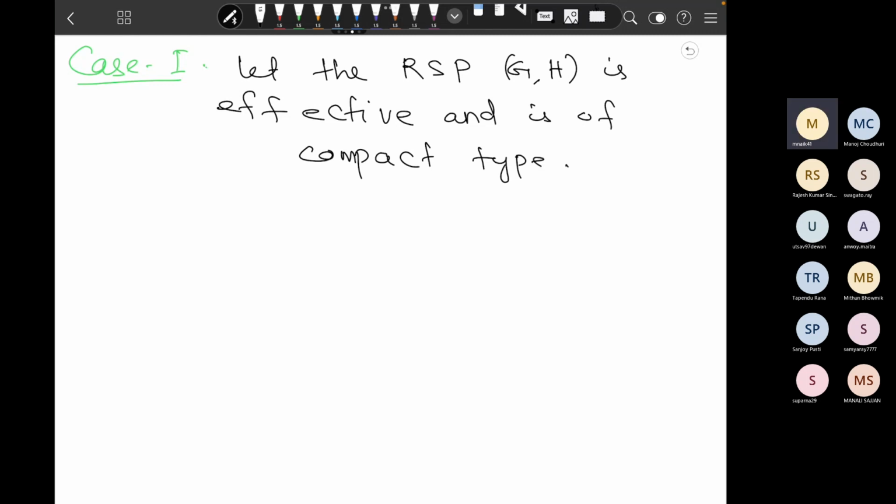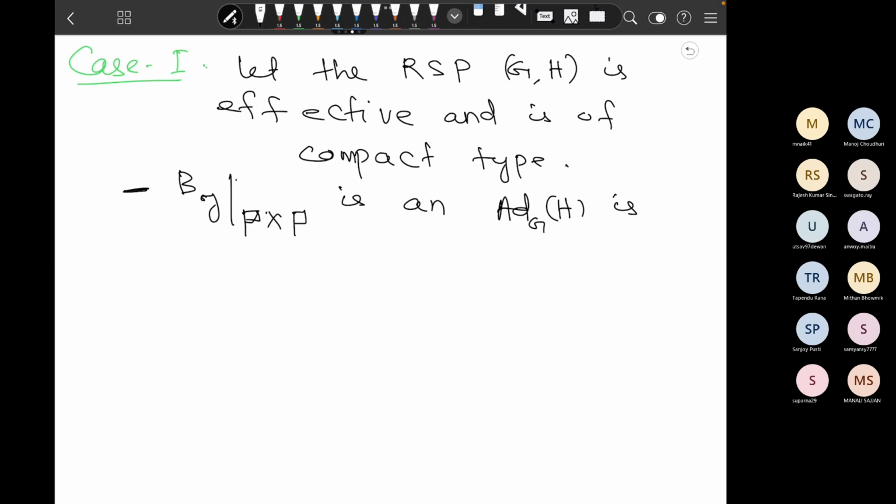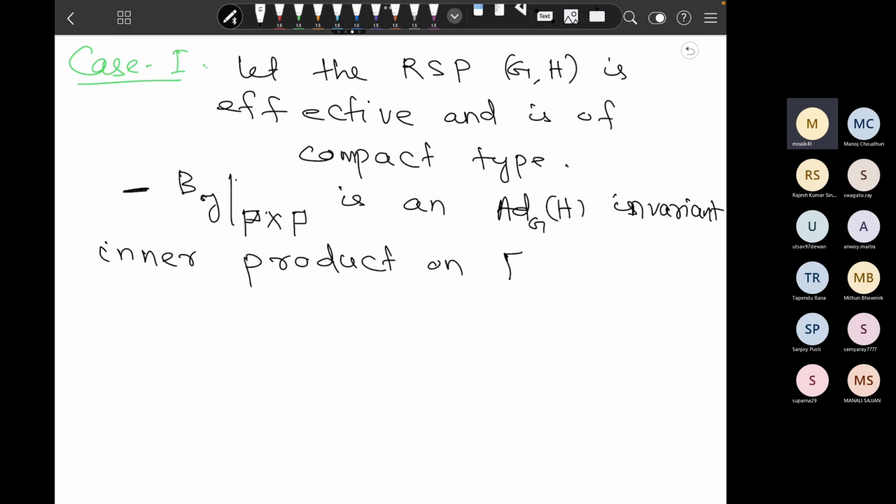Then that means this B_G restricted to 𝔭 × 𝔭 is really negative definite. But if I take minus B_G restricted to 𝔭 × 𝔭, this is an Ad_G(H) invariant inner product on 𝔭, and any such inner product which is Ad_G(H) invariant induces a G invariant Riemannian structure on G/H.